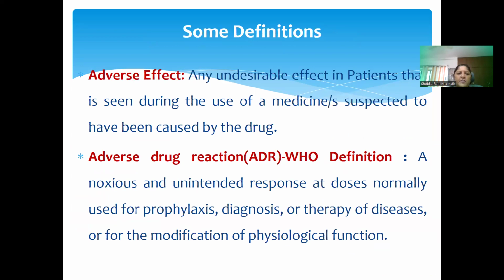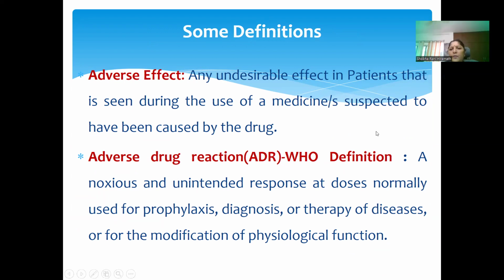Let's see some definitions. Adverse effect. Adverse effect is any undesirable effect in patients that is seen during the use of a medicine or which is suspected to have been caused by the drug. For example, suppose somebody is taking a medicine and he has a fall from the stairs. It has to be documented as an adverse effect.